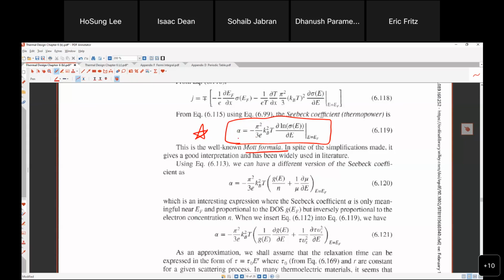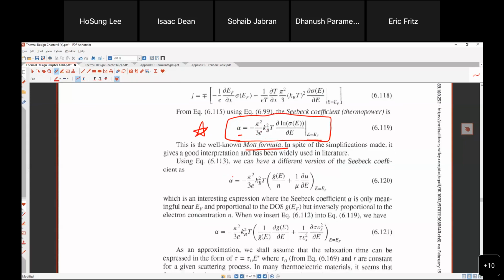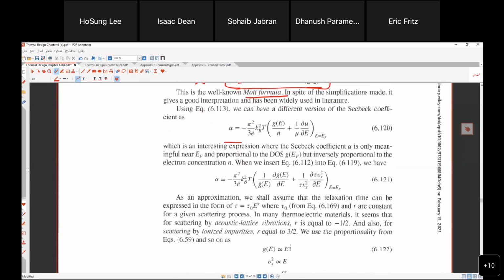So again, Seebeck is important at the Fermi energy. Look at that. Otherwise, it's all constant. So we're able to extend a little bit, and there is another expression in the book near the Fermi energy. So Fermi energy is again important for transport property, thermoelectric.